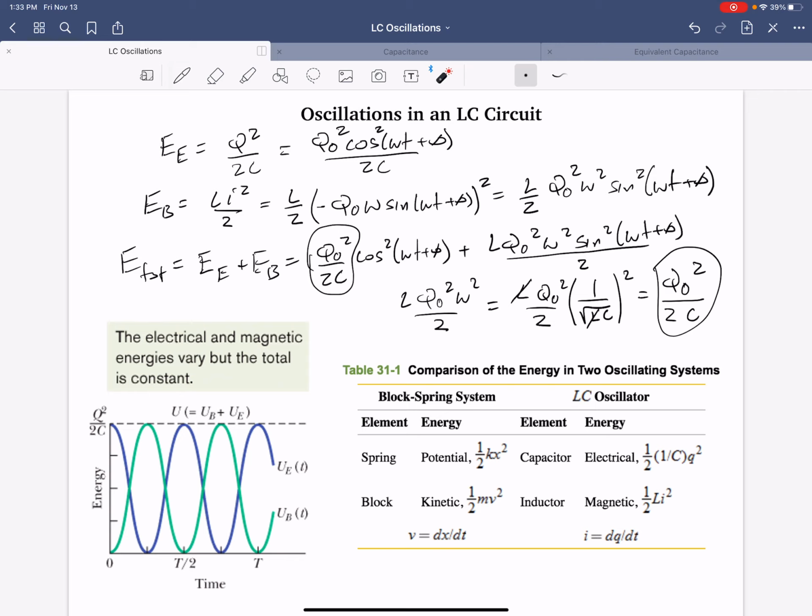That generates the potential difference to push the charges around the circuit. And when those charges are actually moving, we have a current, and that's analogous to the kinetic energy for the inductor. So that's the analogy to 4A, but now in 4B for an LC circuit.